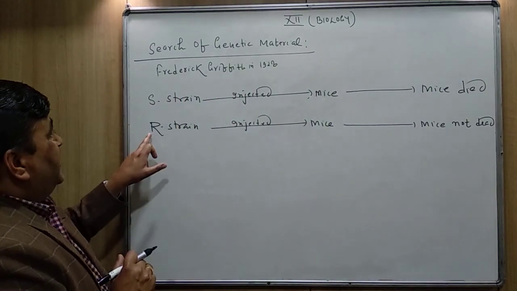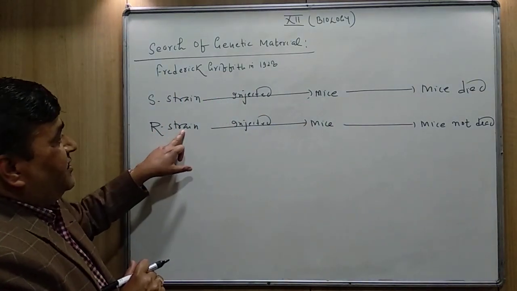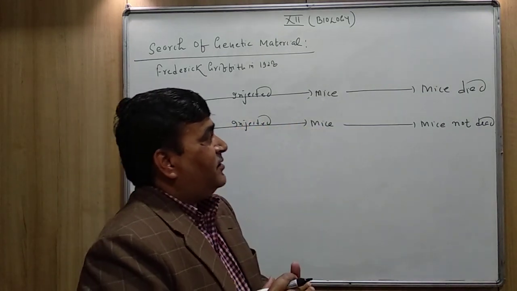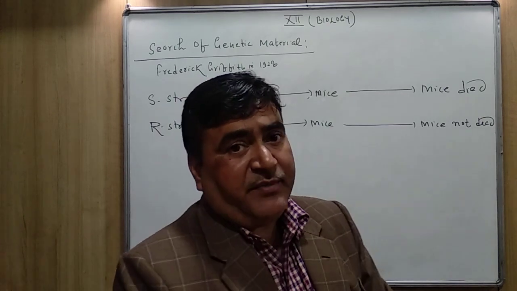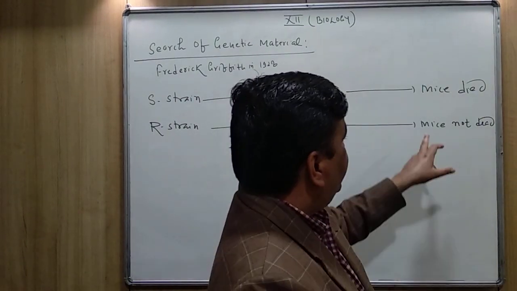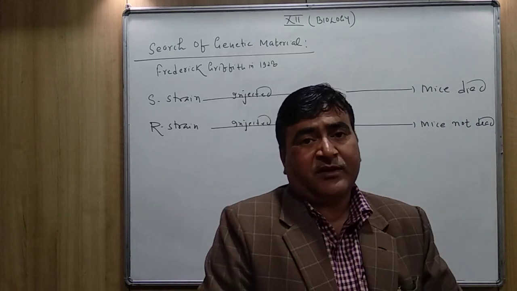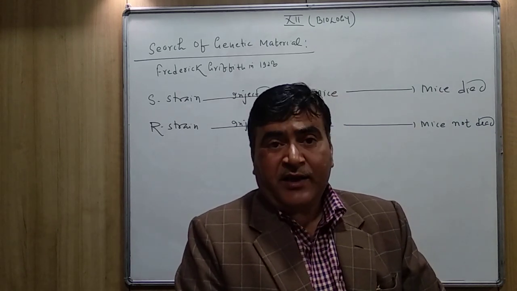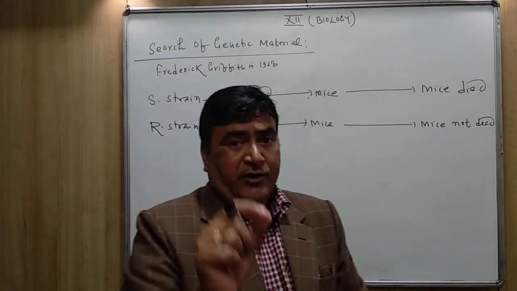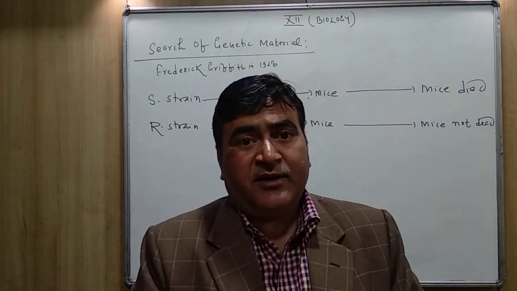When Griffith injected R strain into the mice, the mice remained alive. It means the mice were not dead. Why? Because R strain doesn't have the capsule, doesn't have the mucopolysaccharide, as I told you.